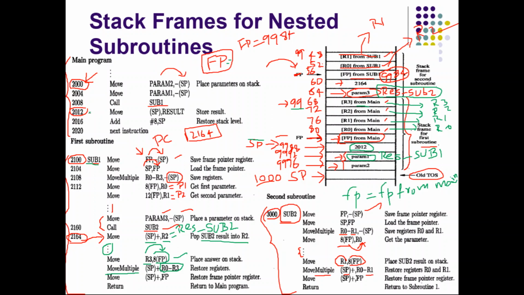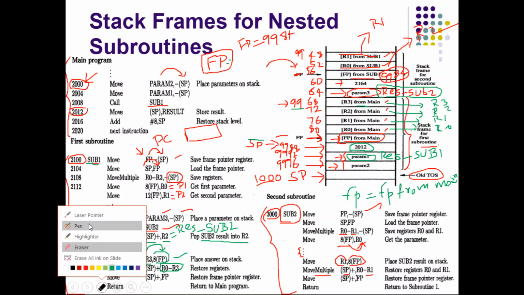So what happens? Return means this 2012 will now come into the PC. So now the program counter will become 2012.